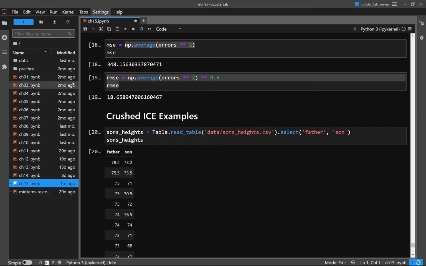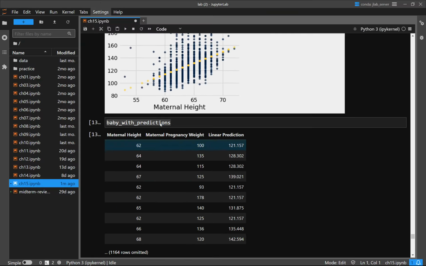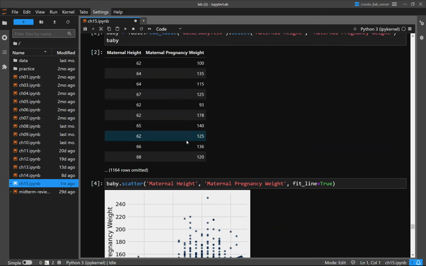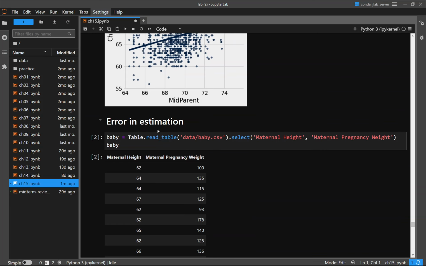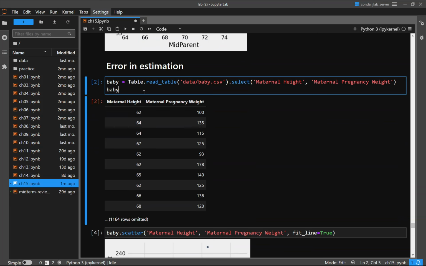So what you'll want to do is scroll on up and do pretty much everything we just did in error and estimation. Does that make sense? So you'll follow through with the same idea. Instead of maternal height, it's father's height. Instead of maternal pregnancy weight as the predicted thing, we're doing son's height.